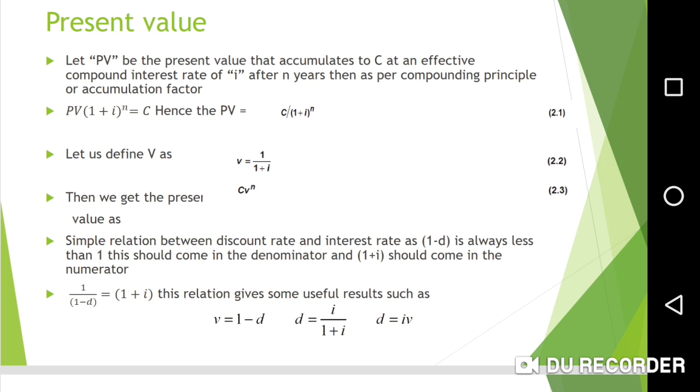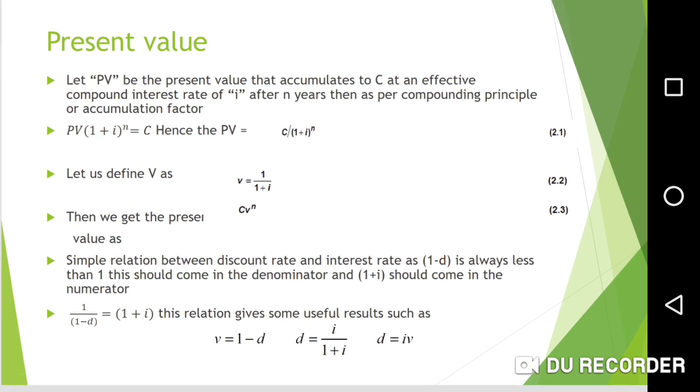If we calculate the value of d from 1 by (1 minus d) equal to 1 plus i, we get d equal to i by (1 plus i), and d equal to i nu. This is a very important relation, and the main concept we need to understand: 1 by (1 minus d) equal to 1 plus i.